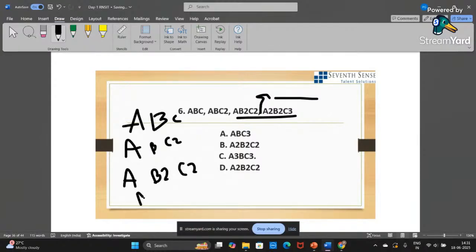So next, A should have 2: A2, B2, and C2. So we'll check the sequence. After this, we see all are having 2, so next should be C3.